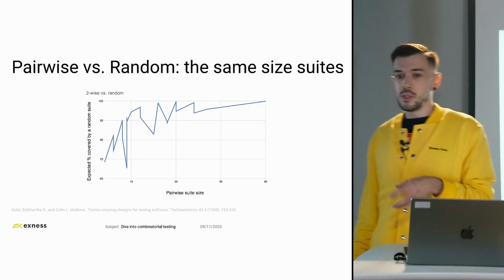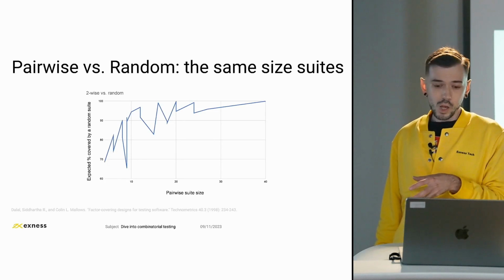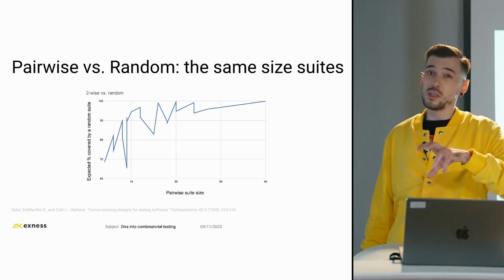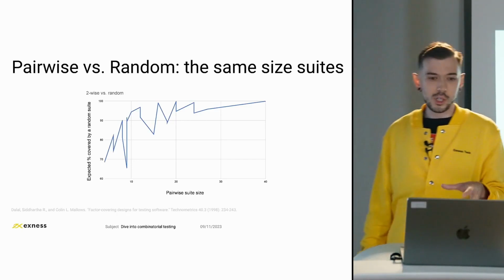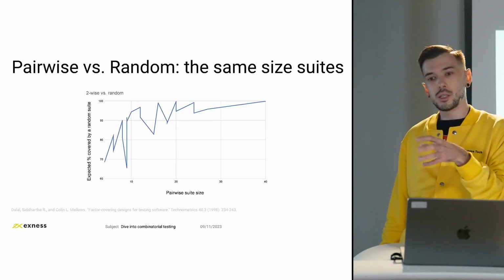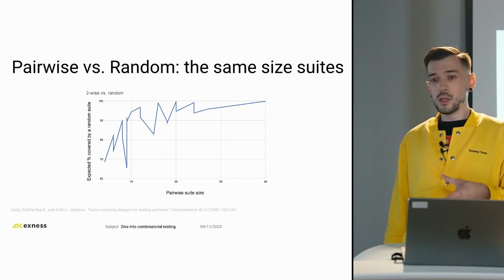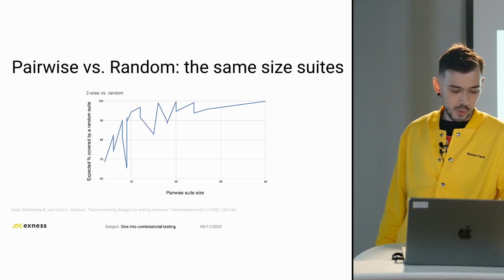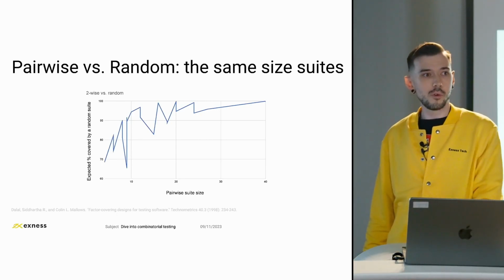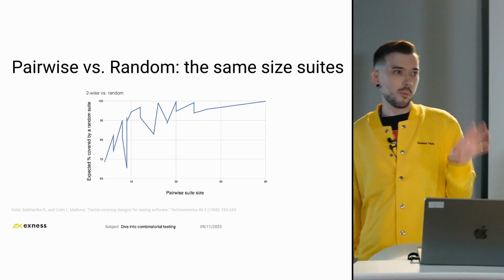Another study, this is meta-research, shows us that the picture is a bit more complicated. They examined different algorithms for pairwise generation, and they tried to calculate the expected percentage of cases that will be covered by a random suite. And we can see a couple of things here.